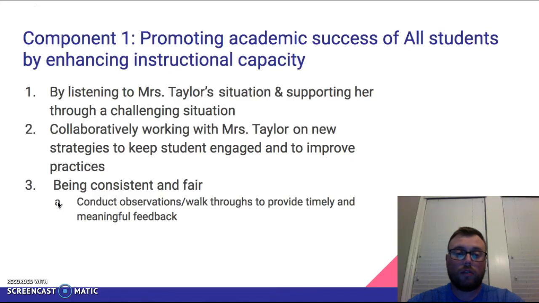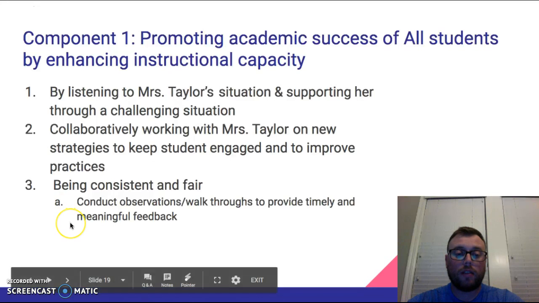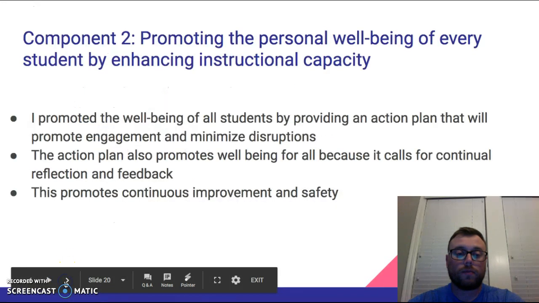So, listening to Miss Taylor's situation and supporting her through the challenging situation, working with her collaboratively on new strategies to make sure the student stays engaged and to improve her practices, and being consistent and fair, conducting walkthroughs and observations on a consistent basis and providing timely feedback to make sure that what we're doing is effective and putting that student in the best situation to be successful, and where we may need to make some tweaks and changes.